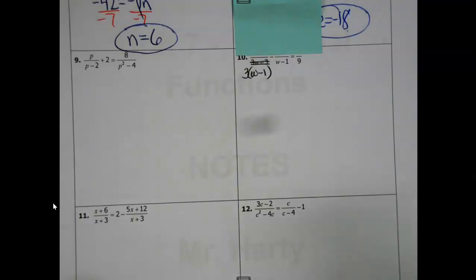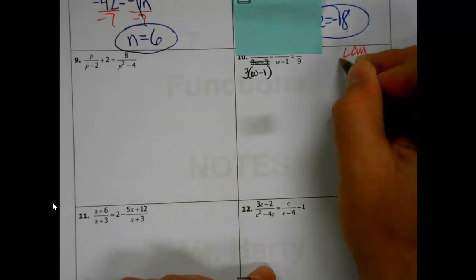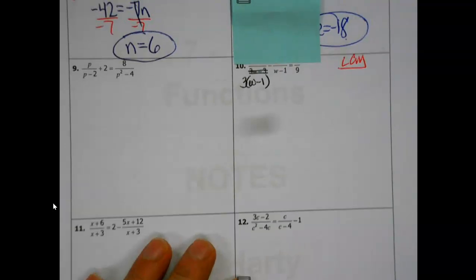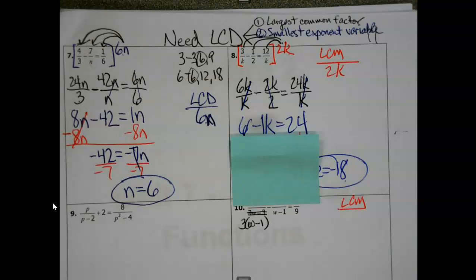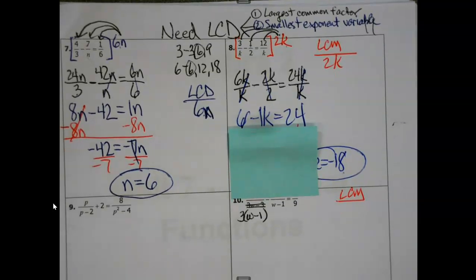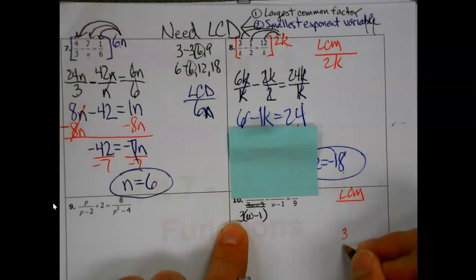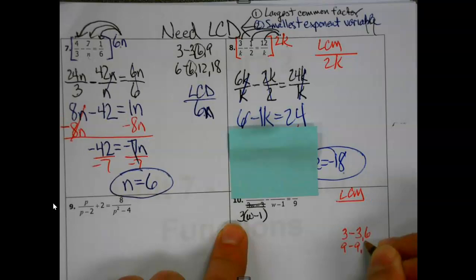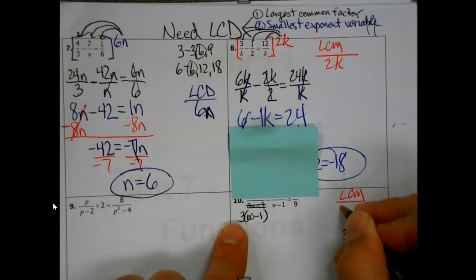Once I've factored, that would help me make sure this number doesn't get too big. I'm going to pull this back down a little because I want to see my instructions at the top. Okay, largest common factor. If we start counting by 3s and 9s, what's the first number showing up in both lists? 9. Okay, so we need 9.